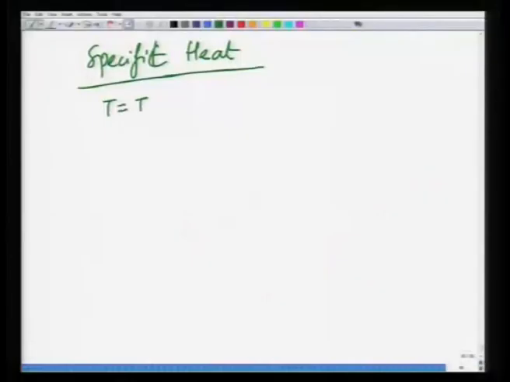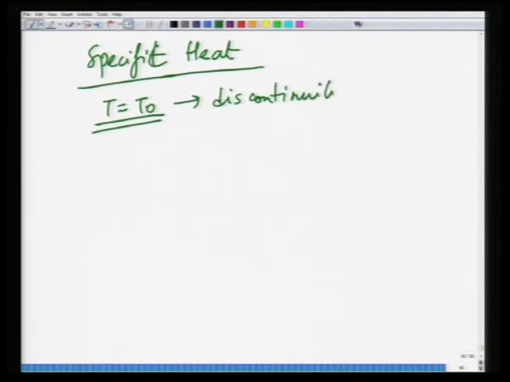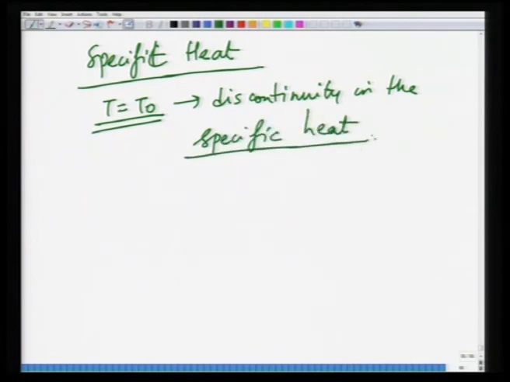The other depiction can be written in terms of specific heat. So, basically at the transition temperature T is equal to T naught, you have a discontinuity in the specific heat for a second order transition. Now, that we will see how.